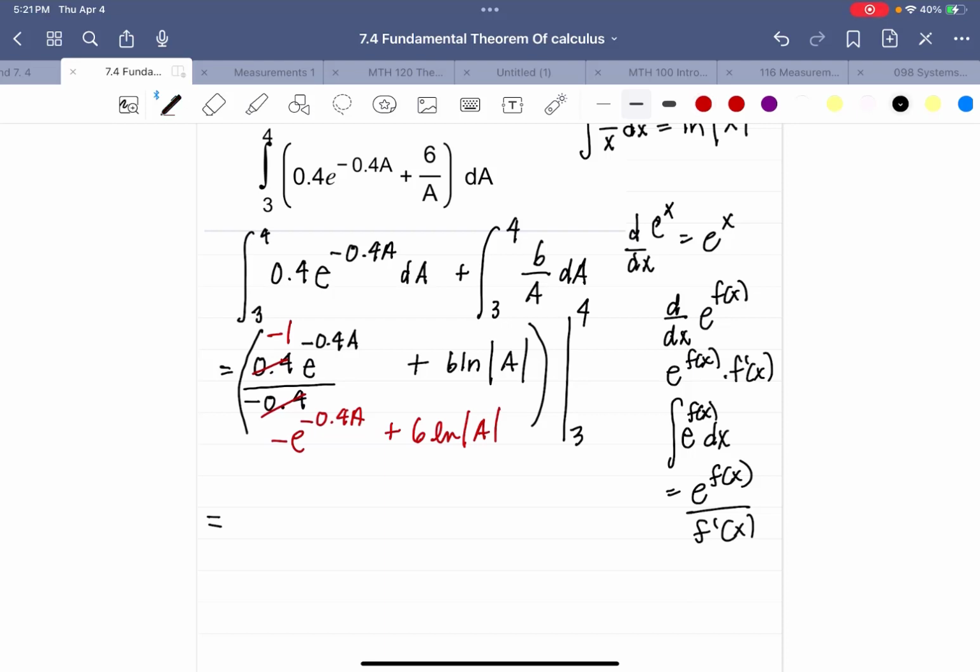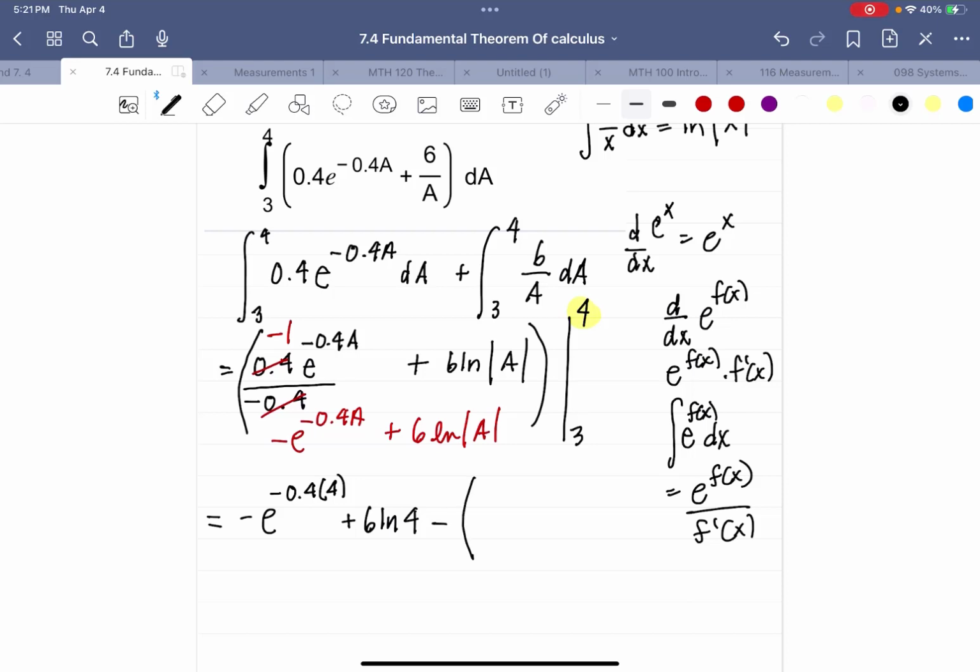So the first time I have to put in a 4, and I get negative e to the negative 0.4 times 4 plus 6 times the natural log of 4. Now I don't need the absolute value, because that 4 is a positive, so it's just unnecessary.